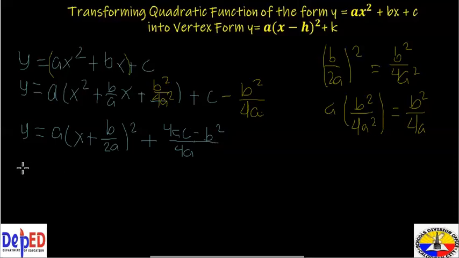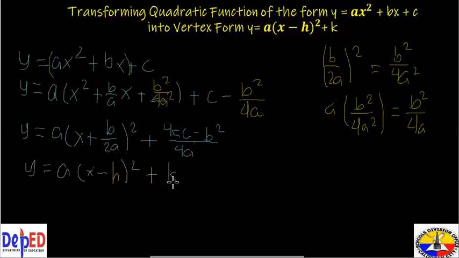Notice that this is already in the form y equals a times the quantity x minus h squared plus k.